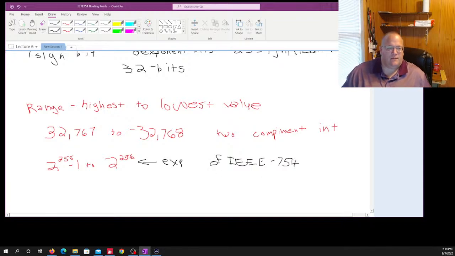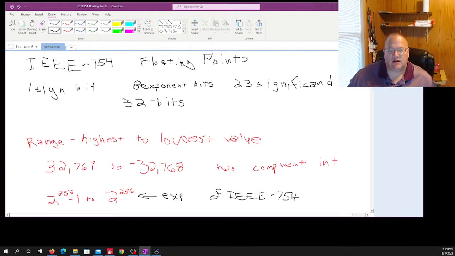That's the range there. And we could say the range here, because now the significant bits are never going to be negative. They're always positive. And we have a sign bit, so, man, I messed this up. That's negative.